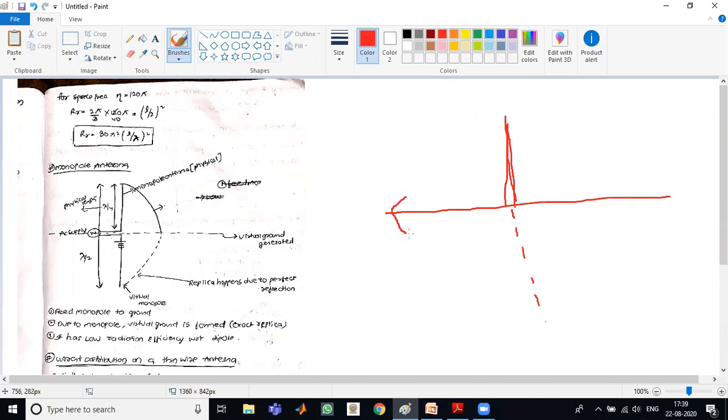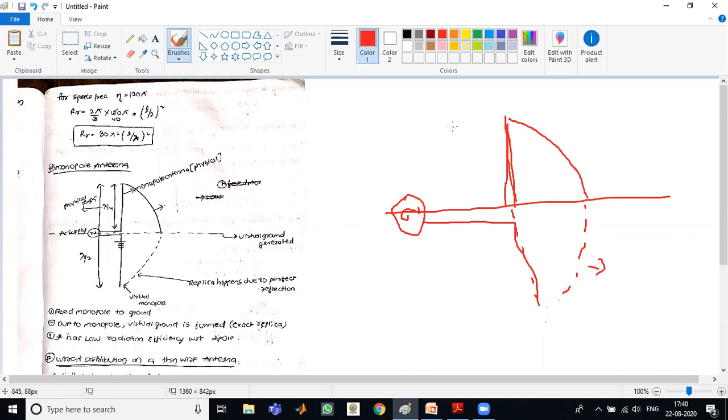When you supply a source to this antenna, the current is produced in this direction, and this is the shadow, which is considered as the replica, which happens due to the reflection.